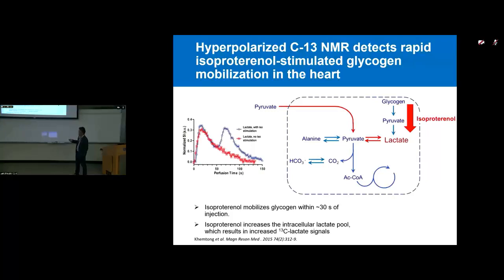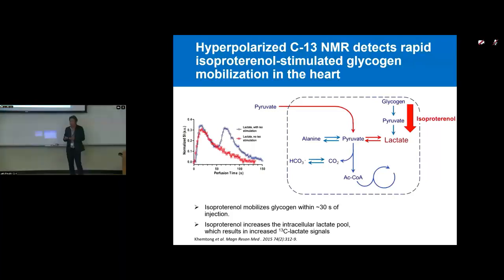We have a rapid breakdown of glycogen, producing a lot of lactate. The hyperpolarized C-13 pyruvate that we injected mixed with the new lactate that comes from glycogen, and therefore we have a large signal increase in the lactate. We were very excited and proud of that. We have a technique that can look at rapid metabolic changes. All of this happened within about 10 seconds, and it gives us the spatial and temporal resolution to look at these metabolisms.